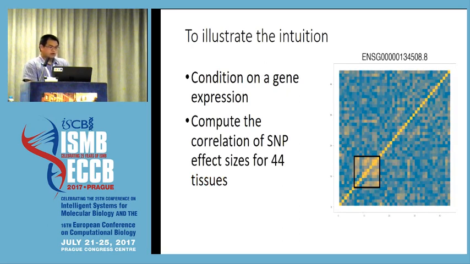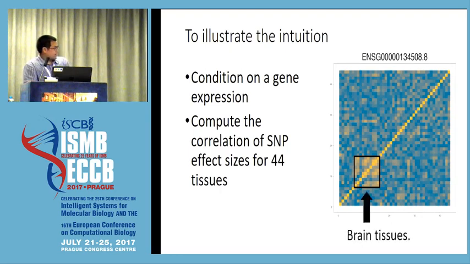To illustrate the intuition for the talk, suppose we condition on a gene expression and compute the correlation of the SNP effect sizes for the 44 tissues in the GTEx data. This plot shows how different tissues correlate with each other. In this plot for this gene, the correlations are very high among the brain tissues.